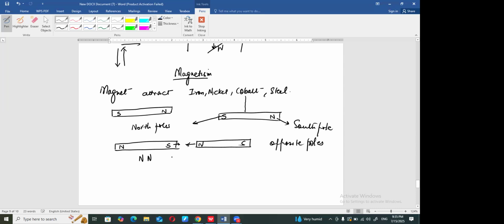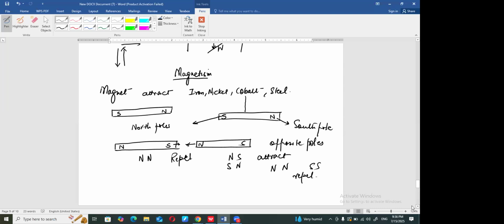North and north will repel each other. So north and south or south and north will attract. And the same thing, north and north, or south and south, will repel each other. So this is the point: like poles repel each other, unlike poles attract each other. That's what we have seen.